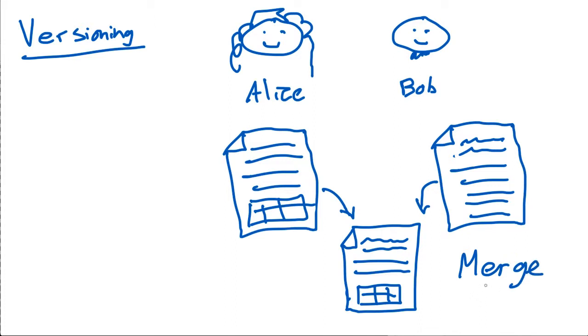Okay, so let's think about how versions are represented. So when you normally create a document on your computer, you start off, and when you save the first version, that gets put into a new file. Okay, so we say we've got the first version there, and we'll call that version 1.